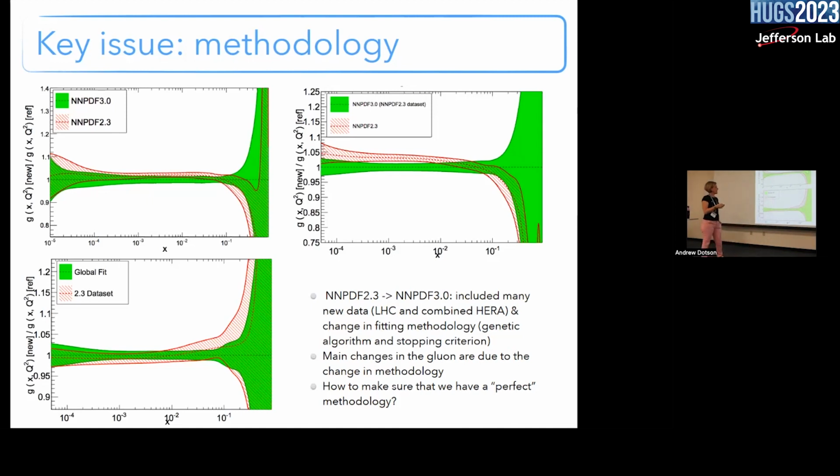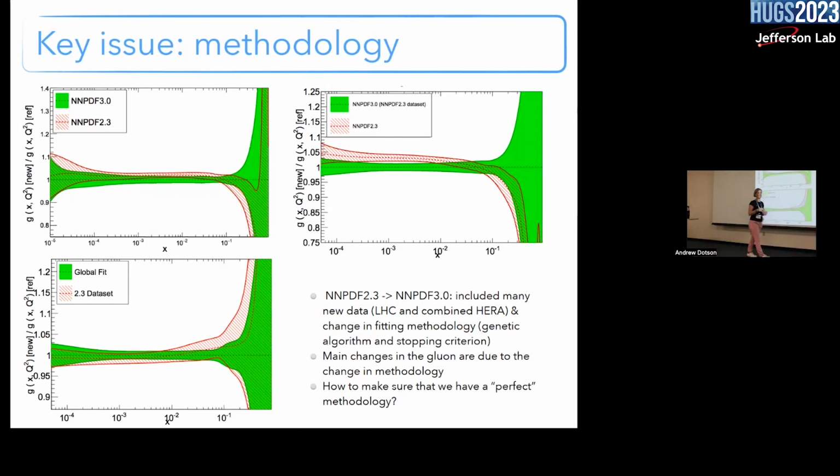What we realized in going from one release to the next is that a change in the fitting methodology, just the stopping criterion or the genetic algorithm, was shifting, for example, the gluon by a factor of 4%. So it was not good.